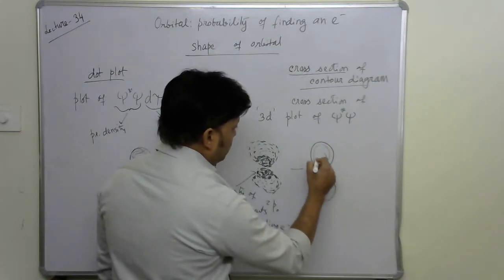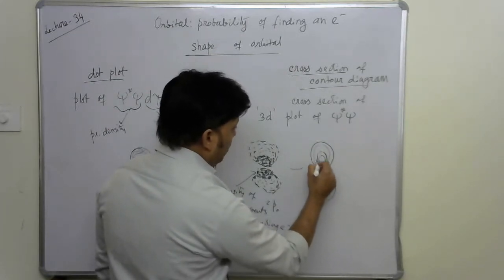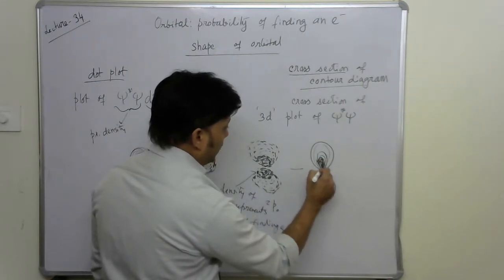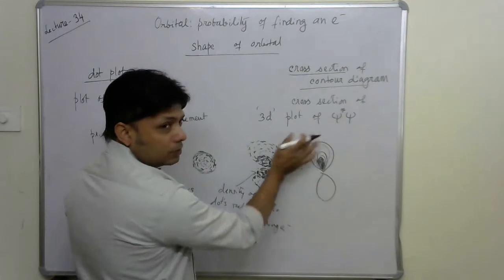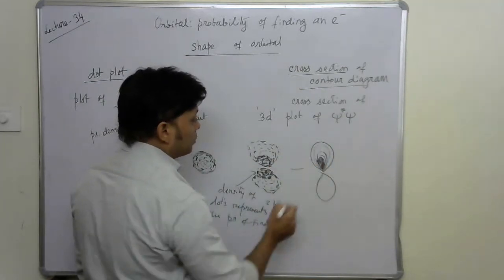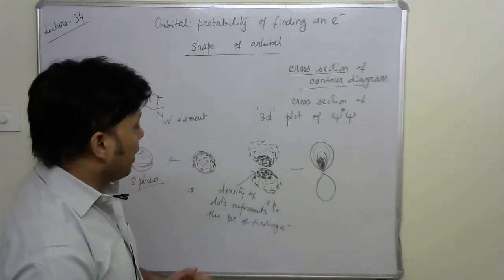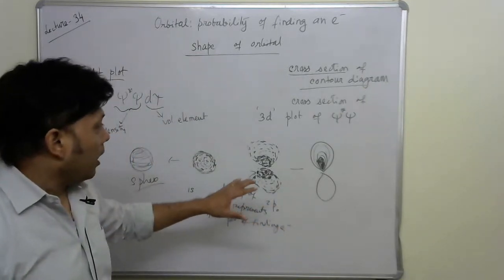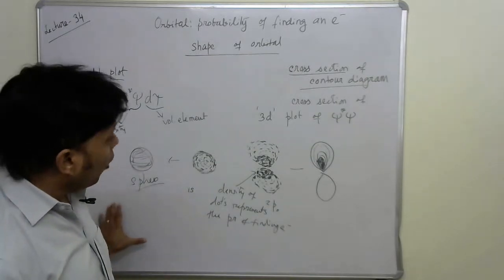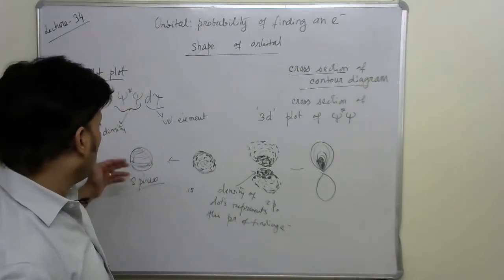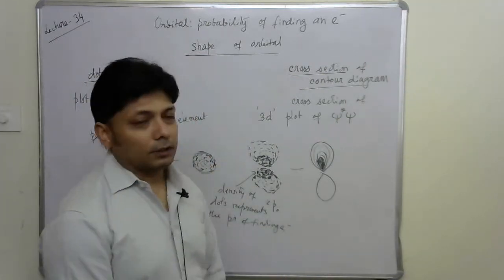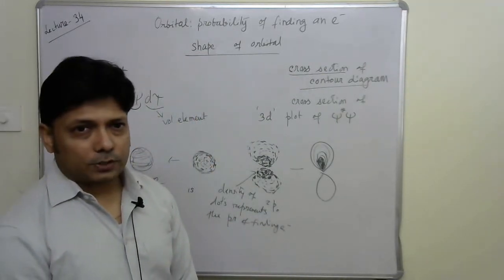It is just like taking a cross section of a log of wood. The cross section would tell you something like this, that the density is more here and it is lighter outside. The detailed diagrams or pictures are given in your quantum chemistry textbook, so you can follow the pictures to have a general idea of the dot plots and the contour diagrams.